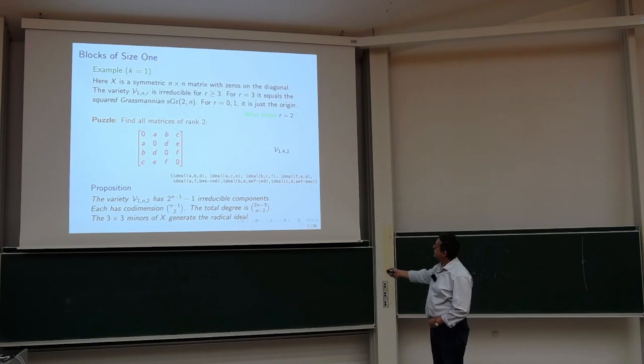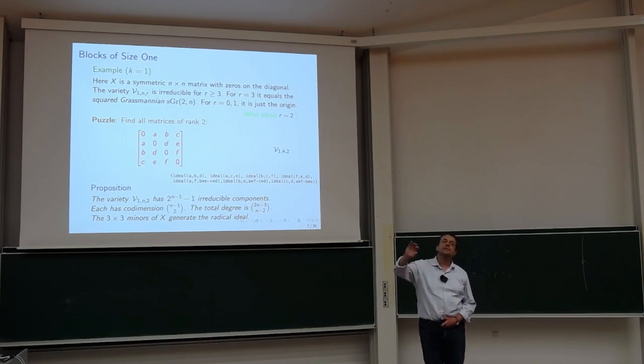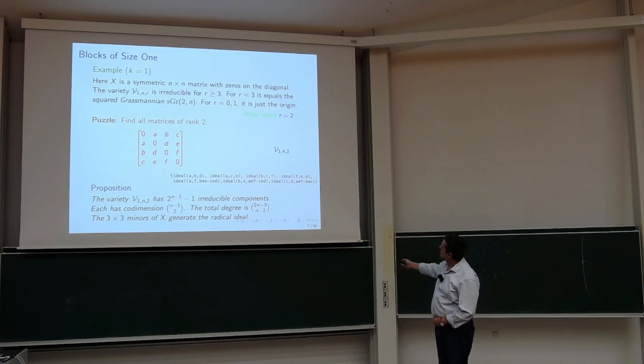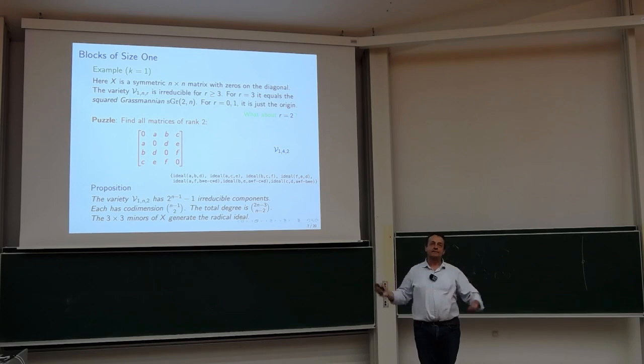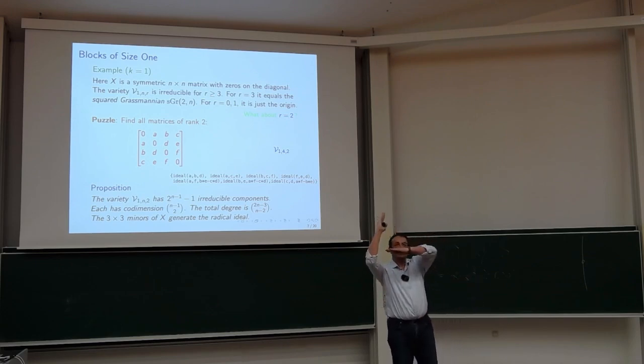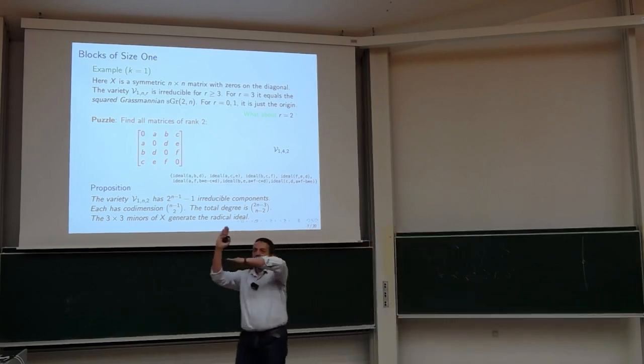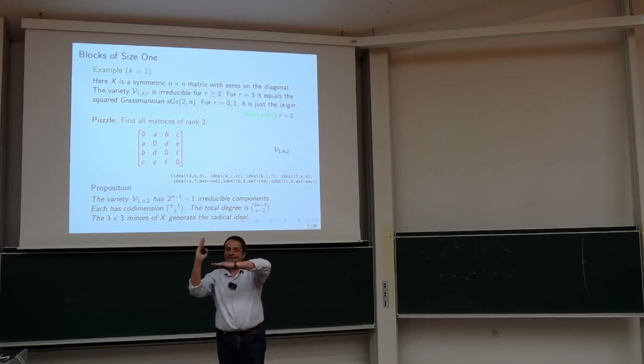In general, what we're saying is we know what these components are, and we can describe each component as the image of a map, as a parametric representation. Here, these are very simple, right? Rank 1 matrices have a very simple one. A rank 1 matrix is a column vector times a row vector.